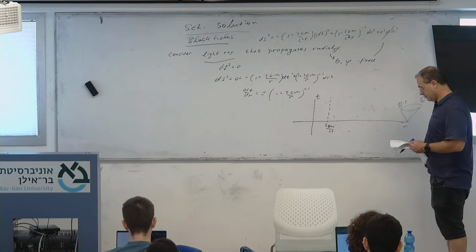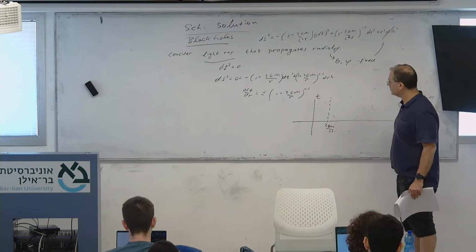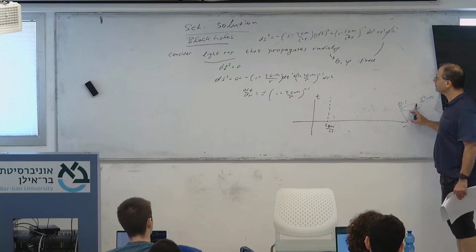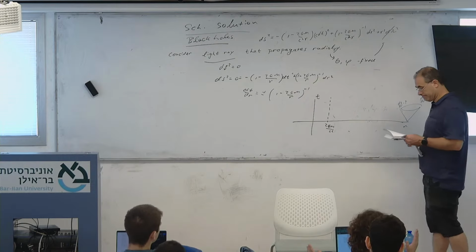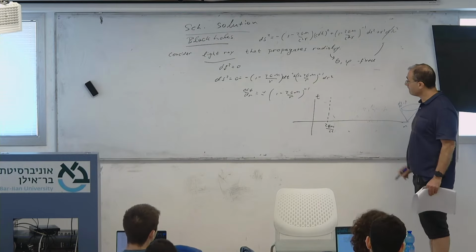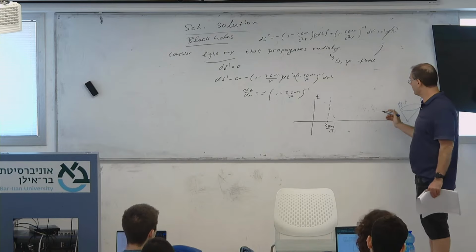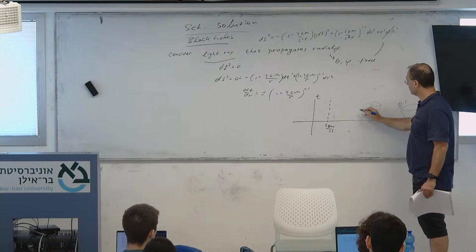What happens when I get closer, when r is not infinity? What about dt over dr? It starts to shrink. If I get closer, it does something like that.